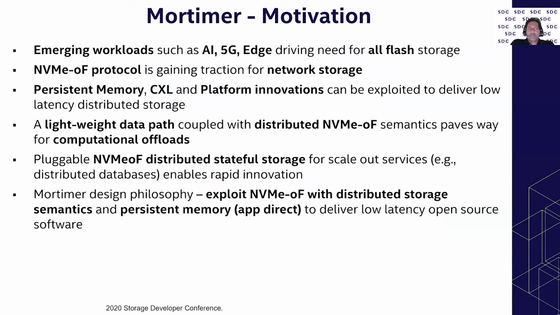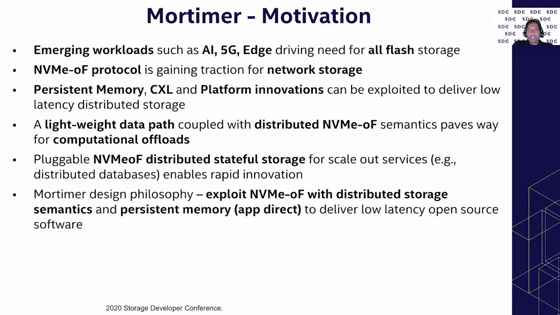Now, what's the motivation behind Mortimer? The emerging workloads like machine learning, deep learning, 5G, and edge are all driving the need for high performance, which is essentially driving the need for all flash storage implementations. But of course, all of them require some sort of data protection as well. If there is one target type of implementation and it fails, you get into data loss situations.